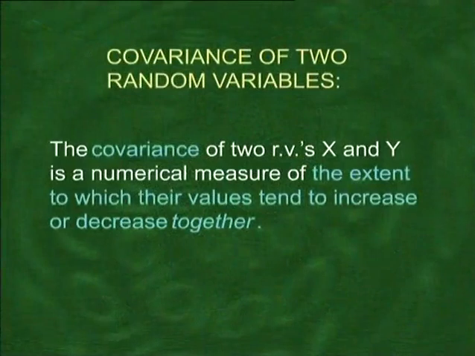All right, what is the basic concept of covariance? Students, as you now see on the screen, the covariance of two random variables, x and y, is a numerical measure of the extent to which their values tend to increase or decrease together.